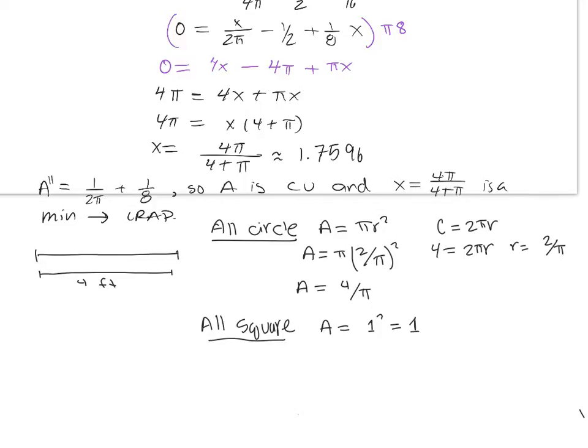Because you divide that 4 up into 4 equal pieces. Or you could say the perimeter of a square is 4s, therefore 4 equals 4s, my side is 1. Which one of those is bigger, 4 over pi or 1? 4 over pi. So this is the max.